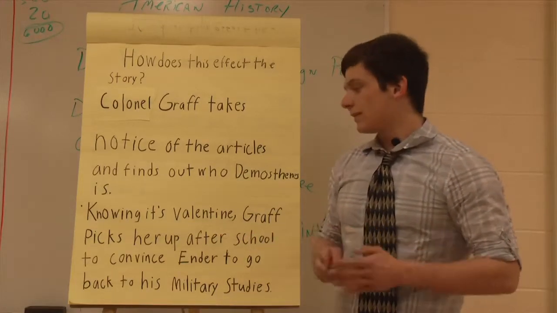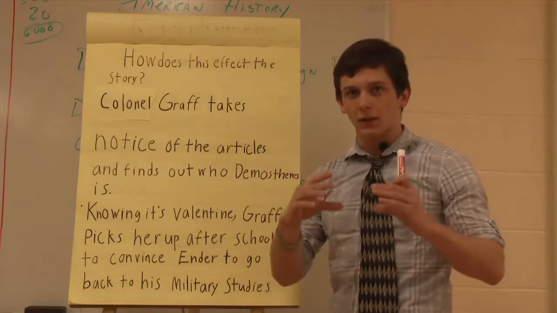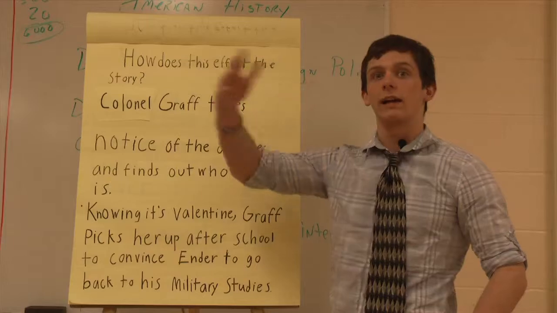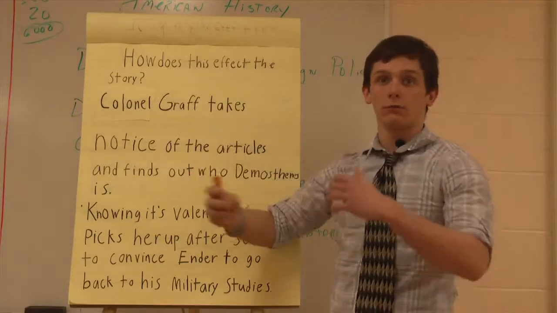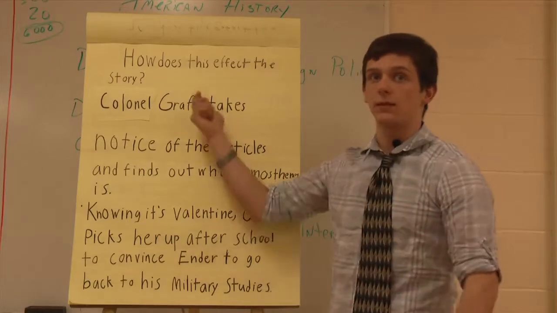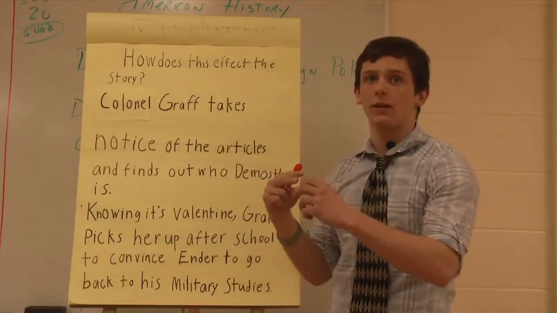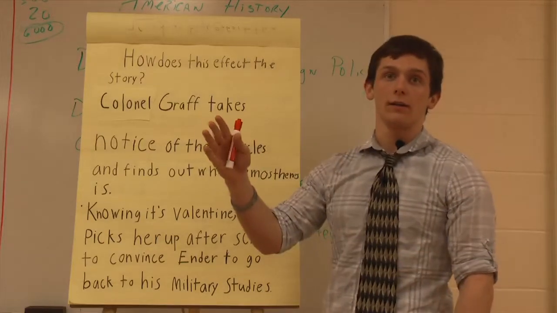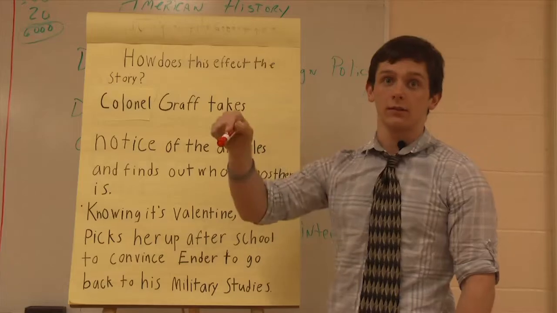So why is this very important? Well, it leads on to the rest of the story. So as you can see, this small subplot leads to a grander adventure for Ender. Because even though the writing of the articles is between Peter and Valentine, it's important that Graff takes notice, because that small subplot leads the story on into her convincing Ender to continue the story.